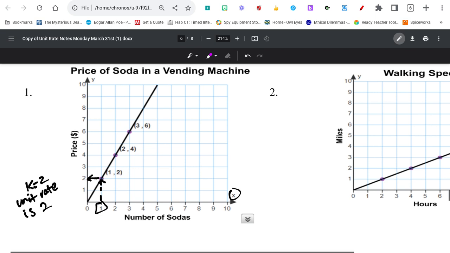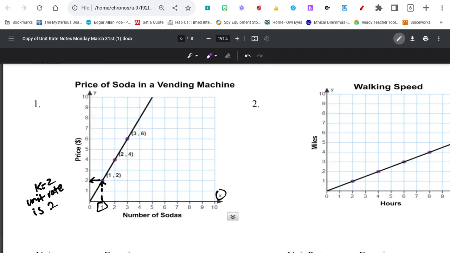Okay, and you need to know what it's talking about. So look at your units. On the y-axis, the unit is price, and on the x-axis, it's number of sodas. So of course, you're going to pick your soda out first before you actually pay. So your unit rate is dependent over independent, or y over x, and the y is talking about cost or money, and the x is talking about the number of sodas.